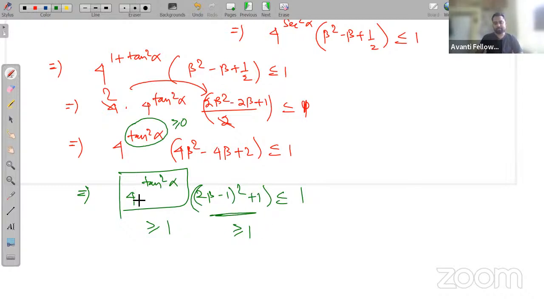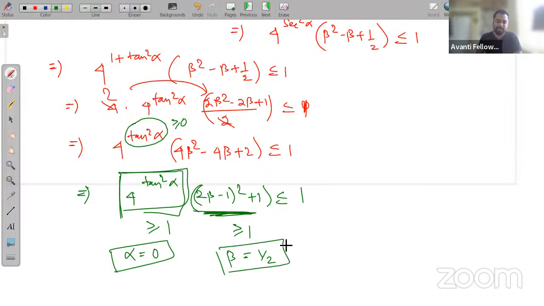Now, this term 4 to the power tan square alpha becomes 1 when alpha becomes 0. Okay. And this becomes 1 when beta becomes 1 by 2. So alpha is equal to 0, beta is equal to 1 by 2.